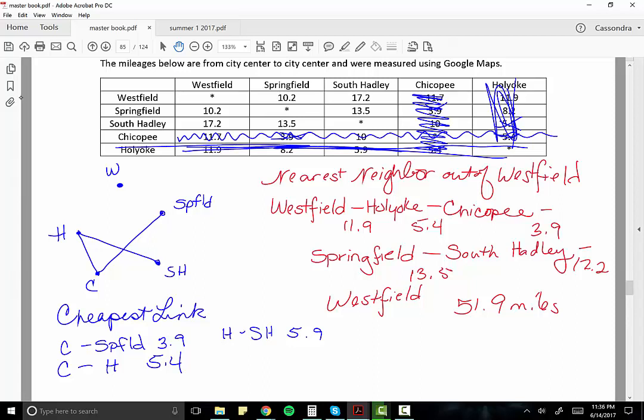So now the next cheapest is Westfield to Springfield. I can do that. Westfield to Springfield, and that is 10.2. Everything's out of Springfield. It's done because we've been in and out of Springfield. Last choice, Westfield to South Hadley, 17.2.